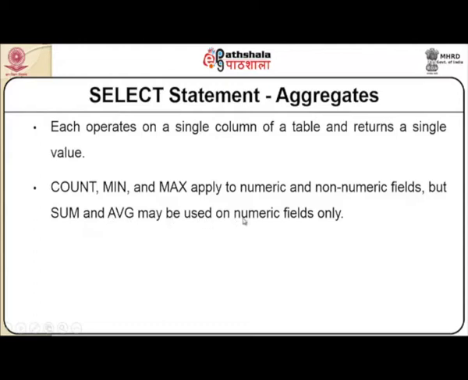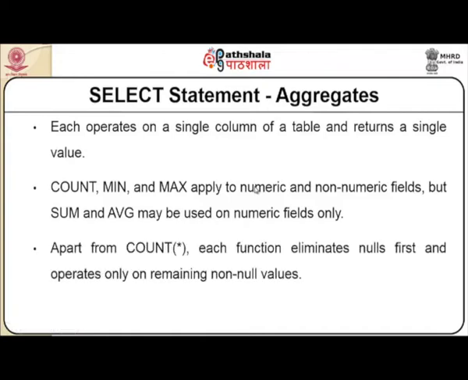If you look at sum and average, that can only be applied on a numeric value, say 1 plus 2 plus 3, and for average I can check 1 plus 2 plus 3 divided by 3, or sum 1 plus 2 plus 3. So, this should happen only to a numeric value, whereas count, minimum and maximum can be used either on characters or on numbers. So, that is why we have mentioned it as it can be applied to numeric and non-numeric fields.